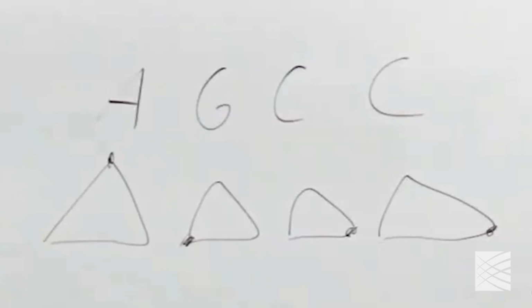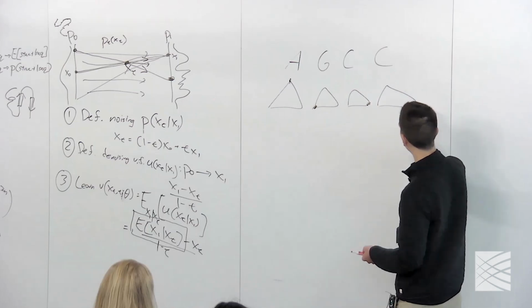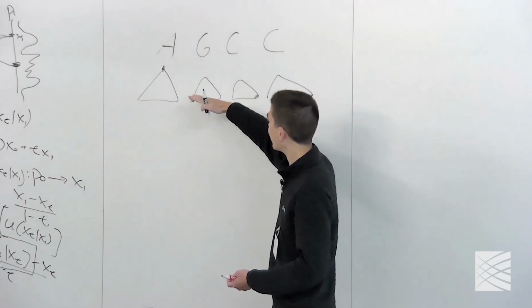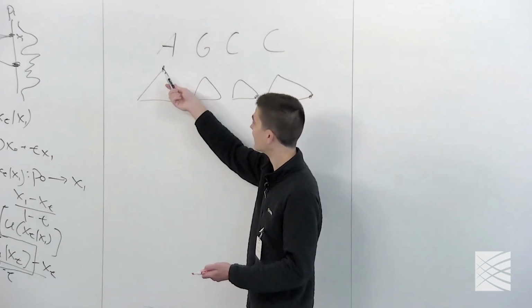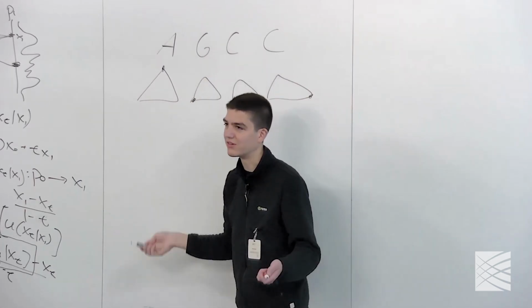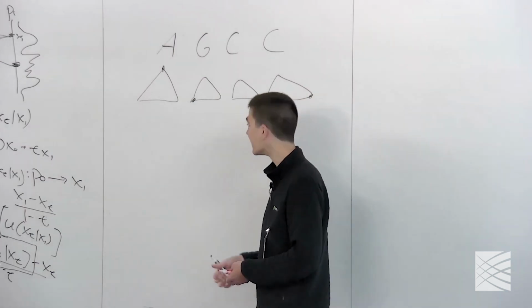Then our sequence of simplices we could draw like this, and say our letter A here is represented as this corner of the simplex, our letter G as this corner, and C as this corner. Then what we want to do is generate the sequence, and at the end we can decode this sequence of simplices into a sequence of nucleotides, a DNA sequence.